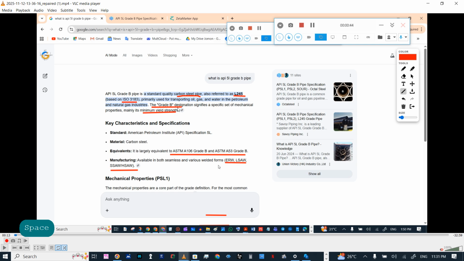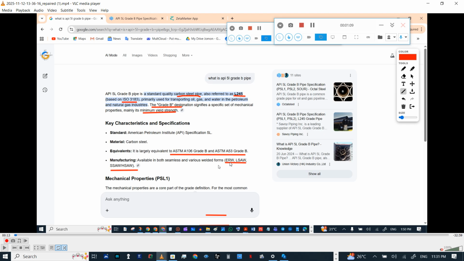The Grade B designation signifies a specific set of mechanical properties, minimum yield strength, and key characteristics. It is equivalent to ASTM A106 Gr B and ASTM A53 Gr B.